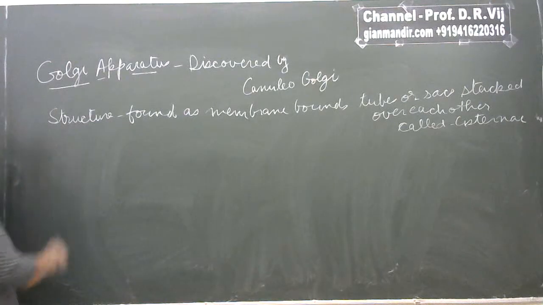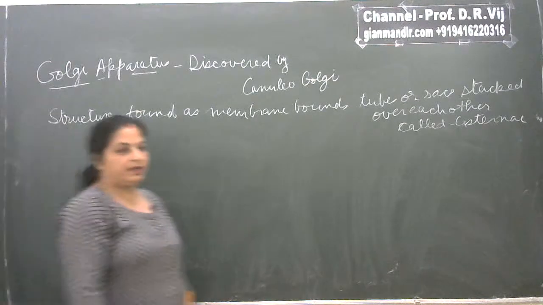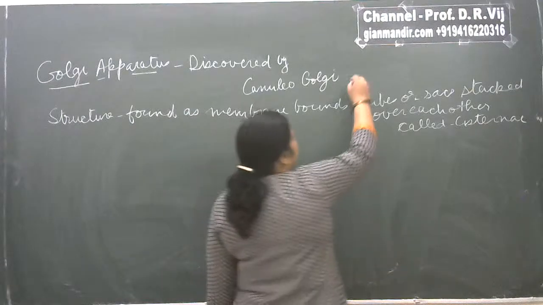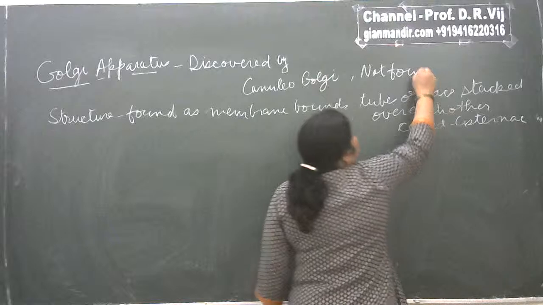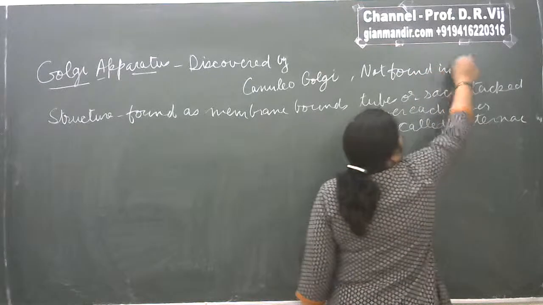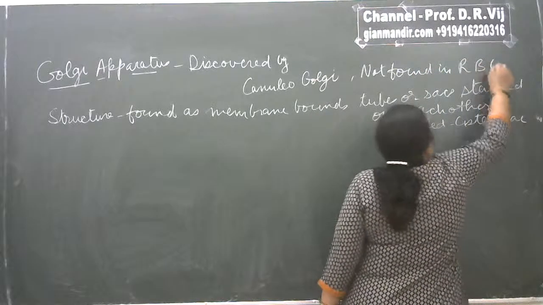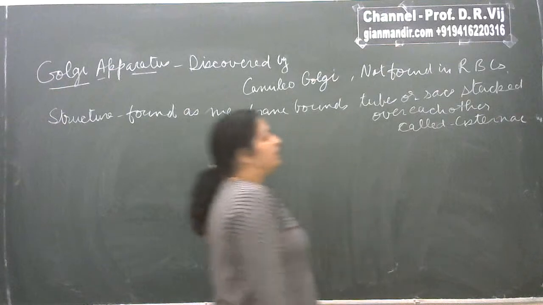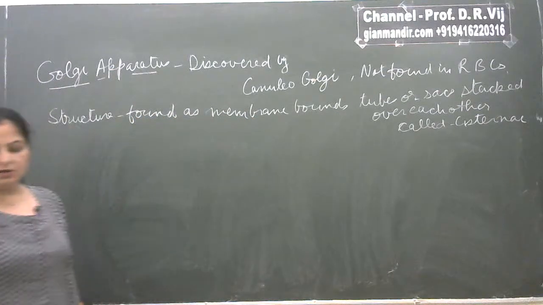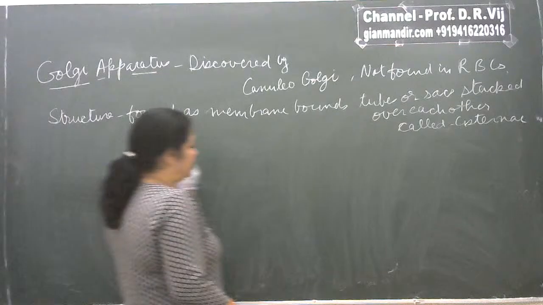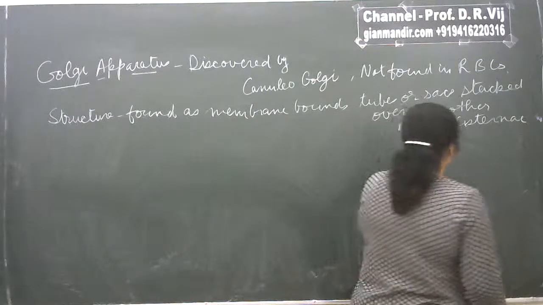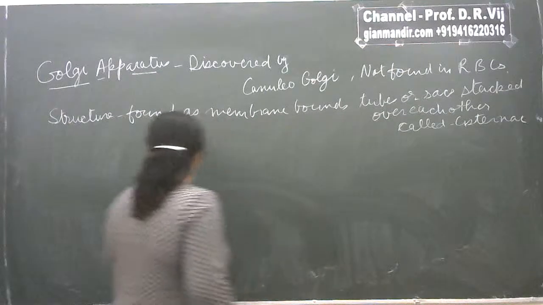So again, like endoplasmic reticulum, Golgi apparatus is also not found in RBCs, that is the red blood cells that are present in our blood.